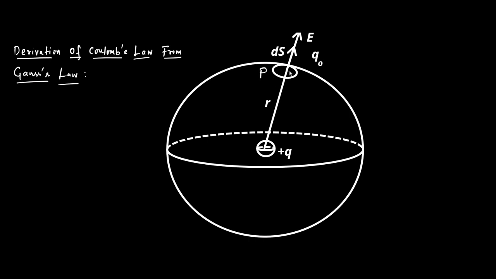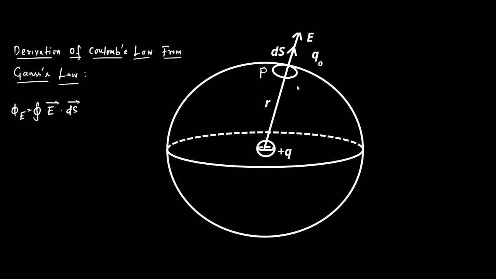Point P. Both E vector and ds vector are along the same line, directed in the same direction, so the angle between them is 0. So we know, according to Gauss law, electric flux phi E is the closed surface integral of the dot product of electric field vector and the surface area vector.